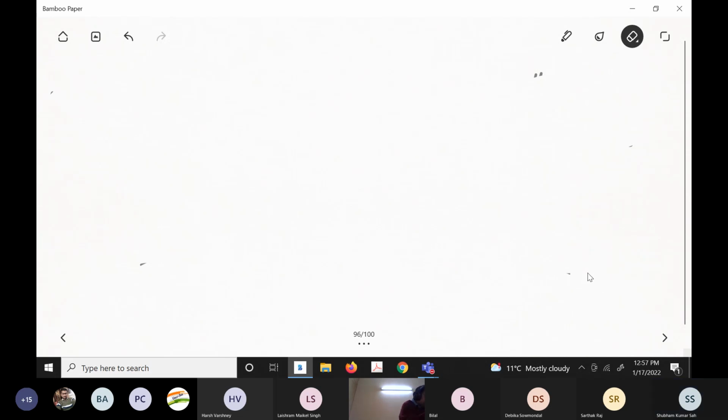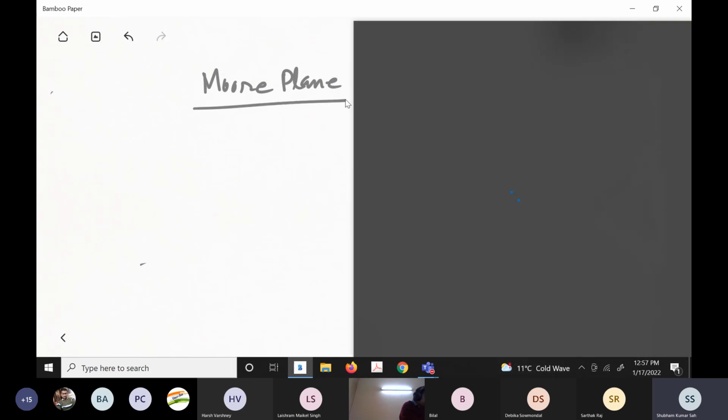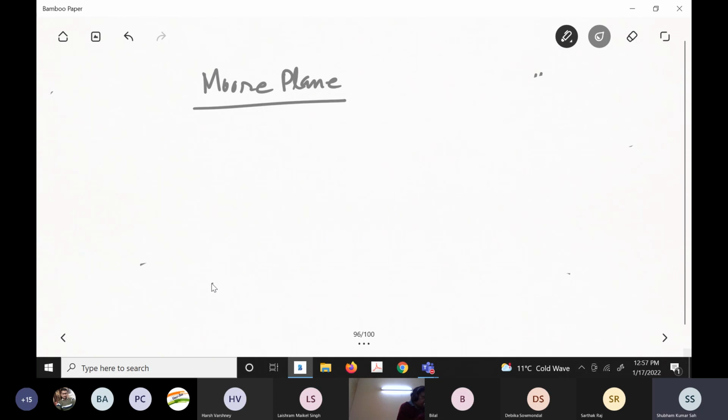I want to just explain that: the Moore plane. What is the Moore plane? It is given in Willard. It's a nice counterexample. What is the Moore plane? Moore was a great topologist. I think he is in my family tree also. R. L. Moore, right? Okay.